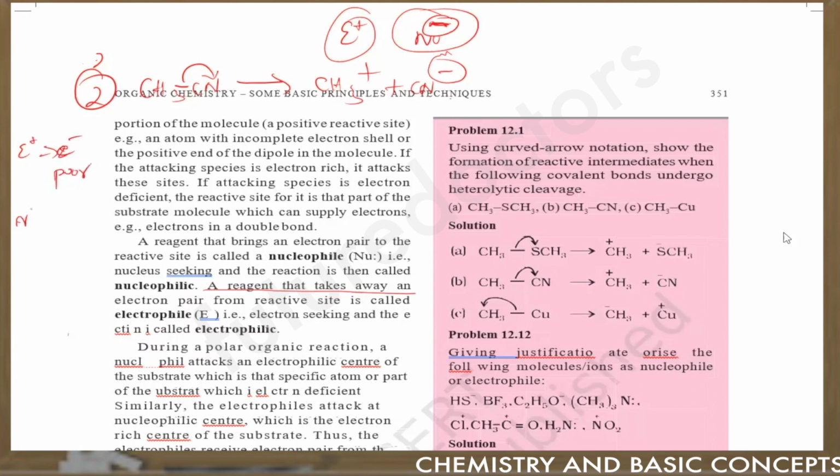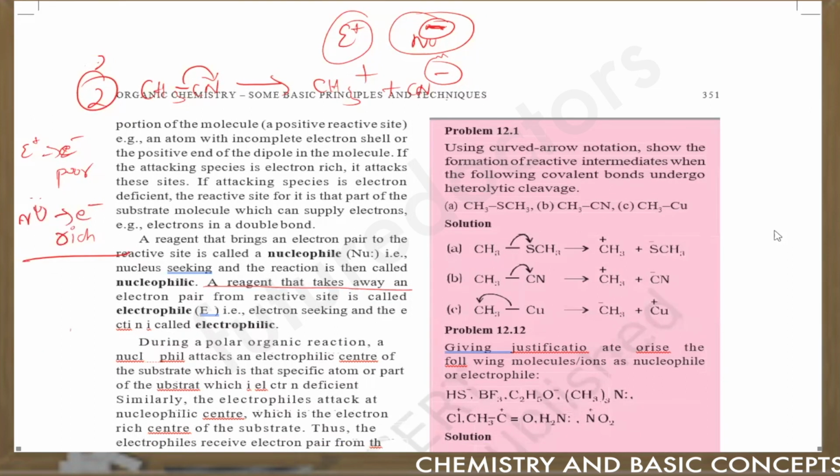Nucleophilic is electron rich. Here CH3 positive contributes as the electrophile, and CN negative contributes as the nucleophile. So this is a trend.